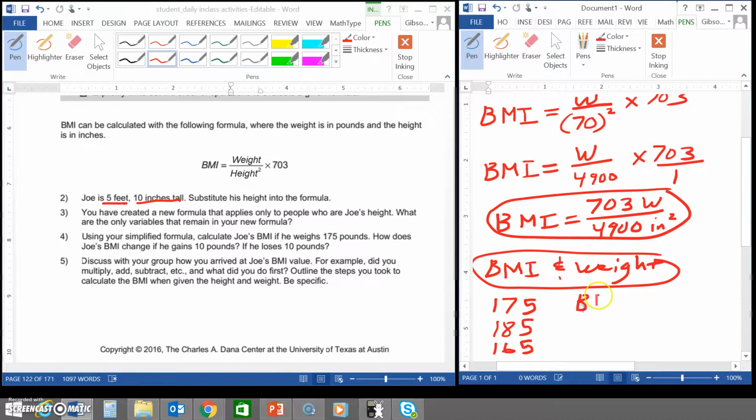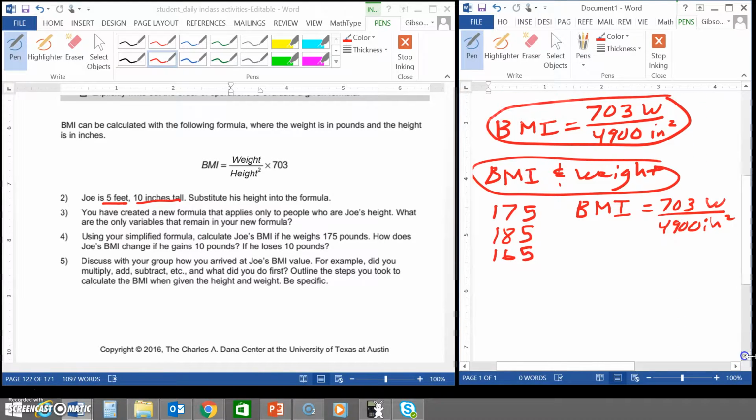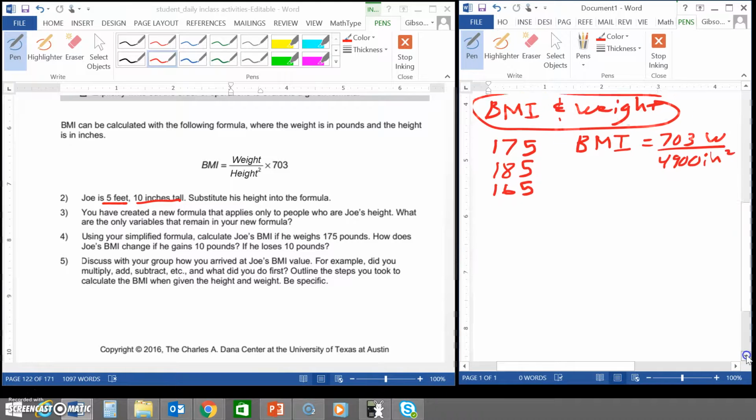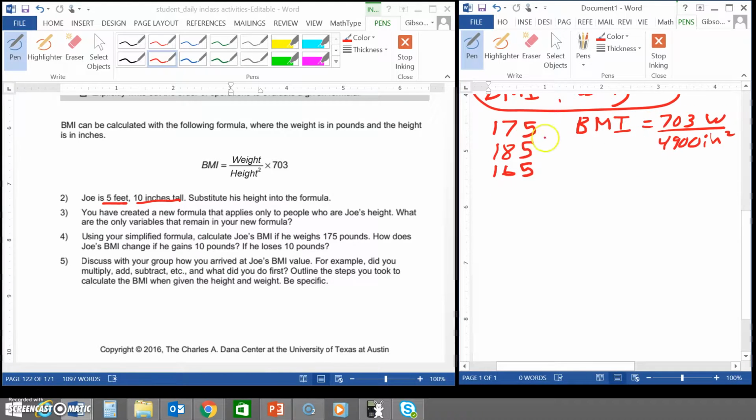So the formula would be BMI is equal to 703 times his weight divided by 4,900 square inches. And I need to write this again because I need to scroll this up so I will have more room. All right, so now we're going to substitute. We're going to start off with the 175.